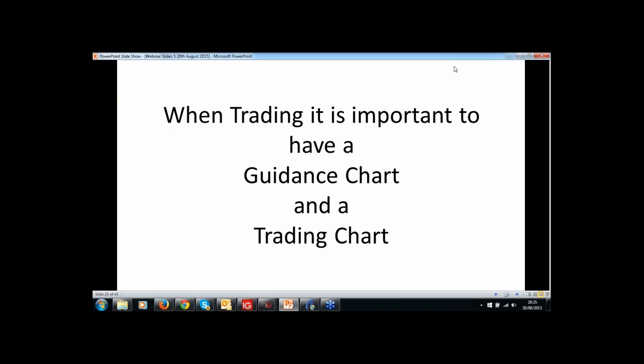One of the methods that we use in taking our signals on a shorter time frame trend in conjunction with the larger time frame trend is by having the two charts, the trading chart and the guidance chart, in sync.